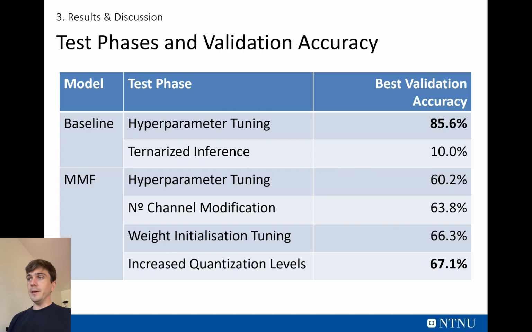So the first phase is hyperparameter tuning. Here I was basically changing the batch size, the learning rate, the learning rate scheduler, the weight decay, and different hyperparameters to try to increase the accuracy of the baseline model.